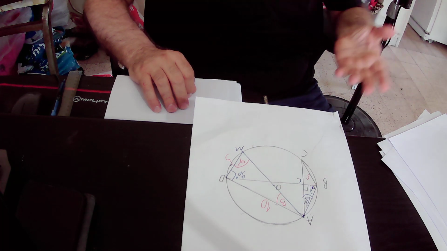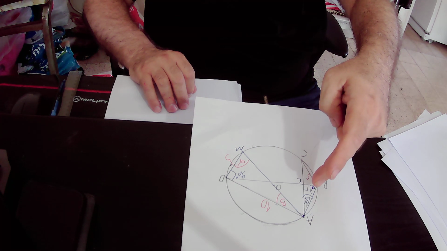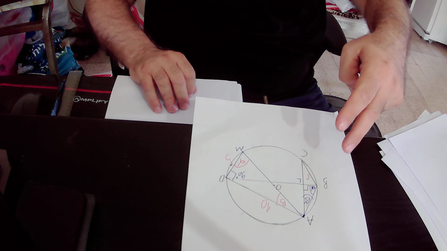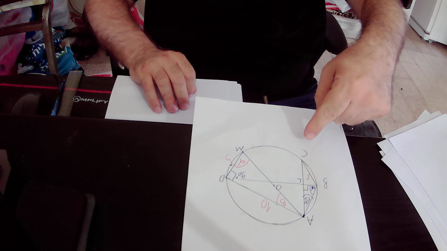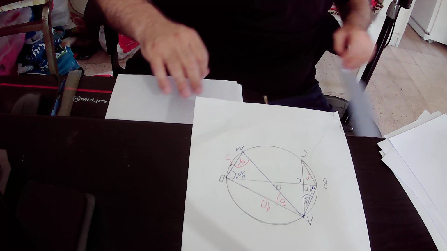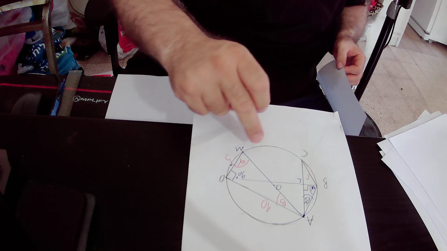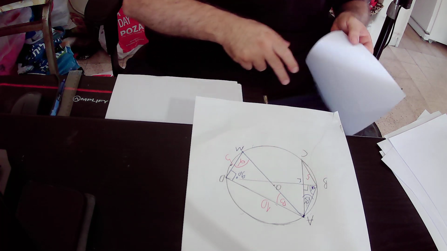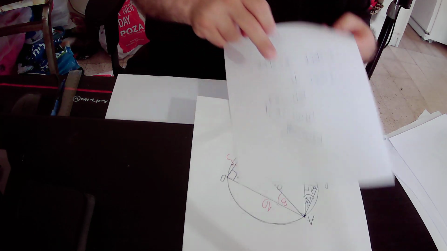According to rule number 3, because those two peripheral angles equal each other, they rest on equal chords. That is to say, BC equals MD.